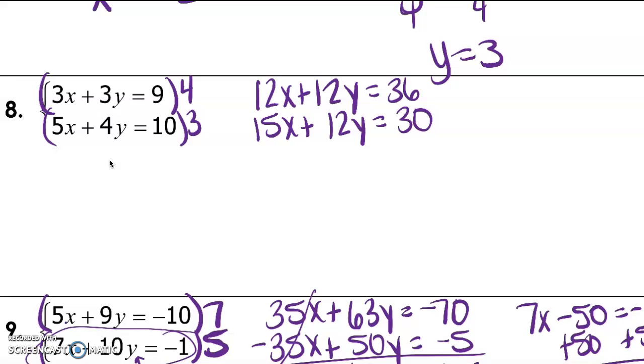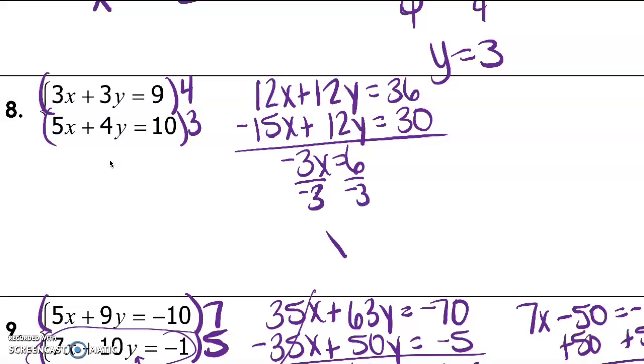The y's are the same, so we subtract. Negative 3x is equal to 6, not 36. Divide by negative 3, and x is negative 2. I'm going to plug it into the original top one. Doesn't really matter.